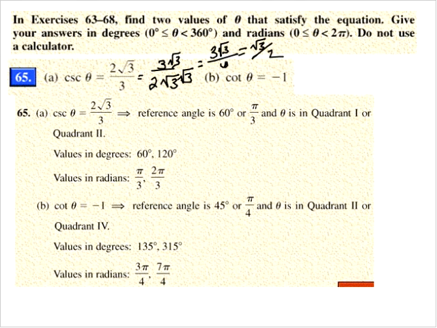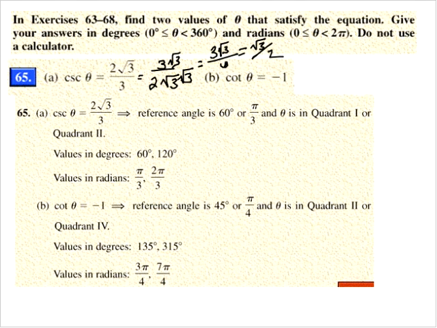So we're looking on our unit circle for 2 places where sine is square root 3 over 2. And sine is square root 3 over 2 at 60 degrees and 120 degrees. And that corresponds to pi over 3 and 2 pi over 3. All right, and then part B, cotangent is -1.